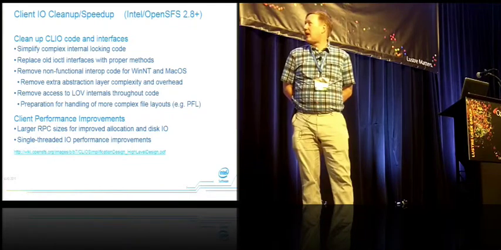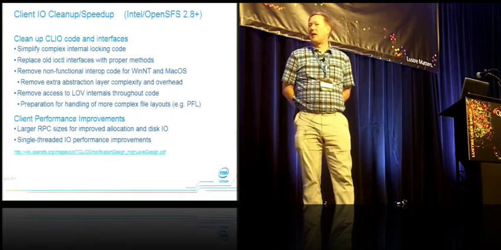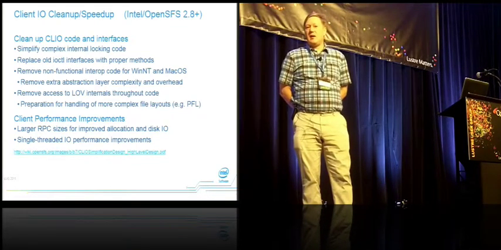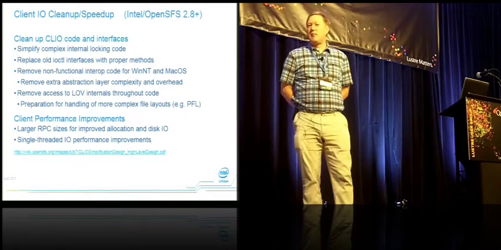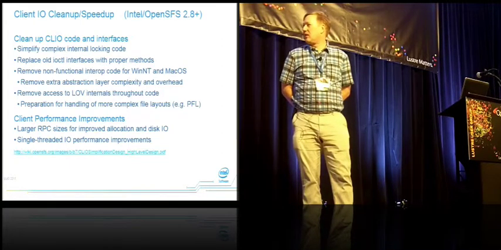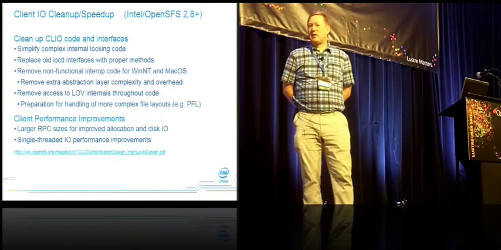There have been improvements done in 2.6 and 2.7, but there's more on the way in terms of increasing multi-threading, NUMA, core awareness with memory affinity, and things like that.